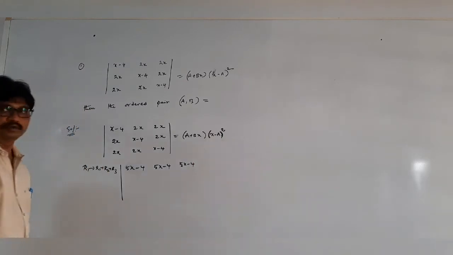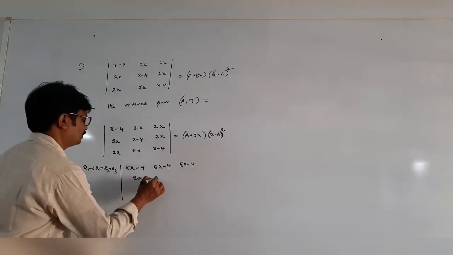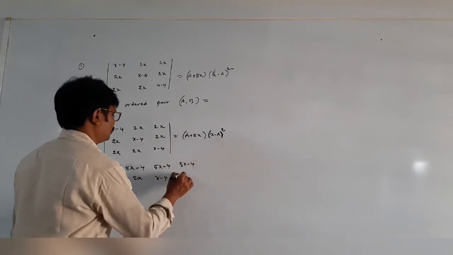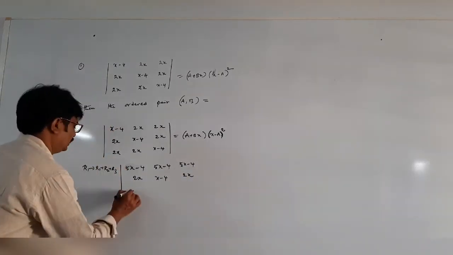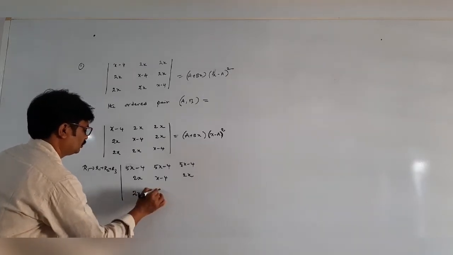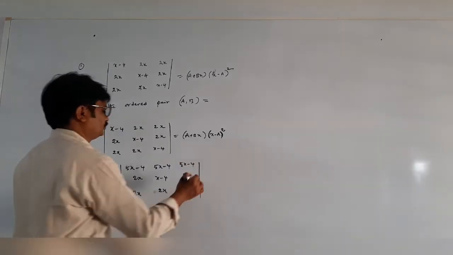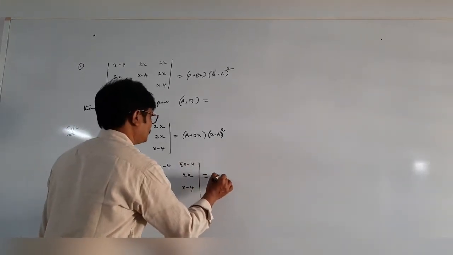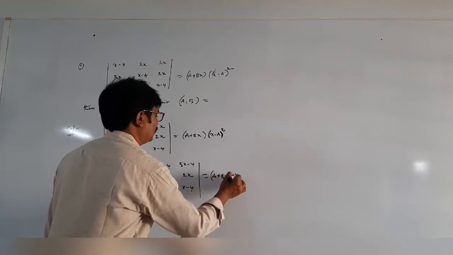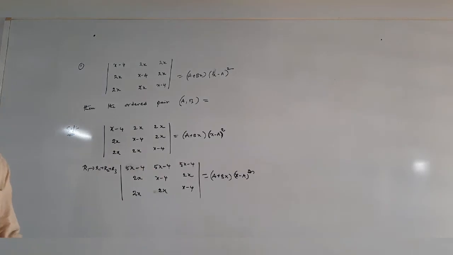5x minus 4. Okay. Now the second row is 2x, x minus 4 and 2x. And the third row is 2x, 2x, x minus 4, equal to (a plus bx)(x minus a) whole square. What is the next? 5x minus 4 is common.